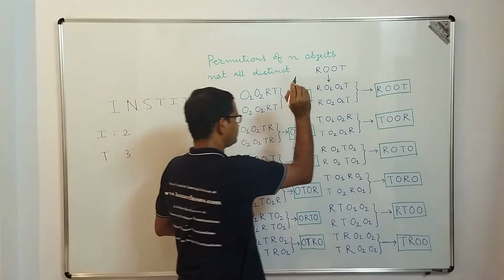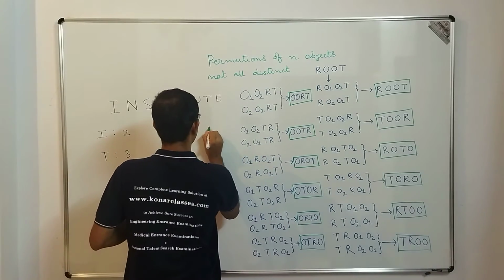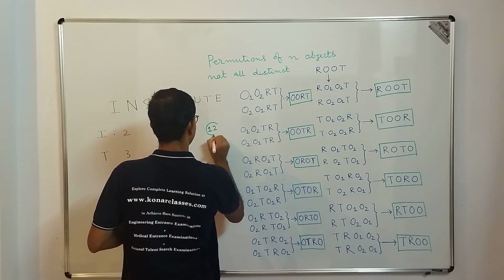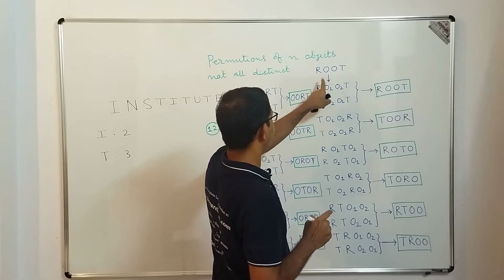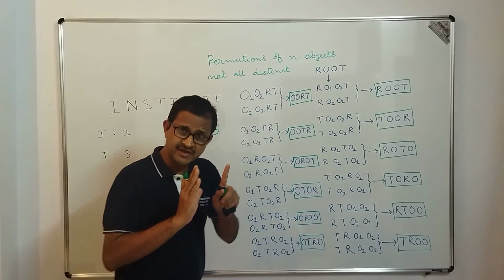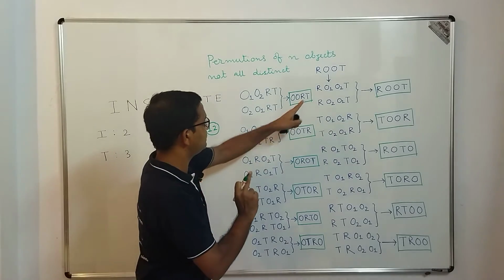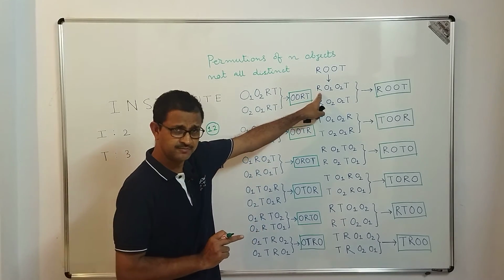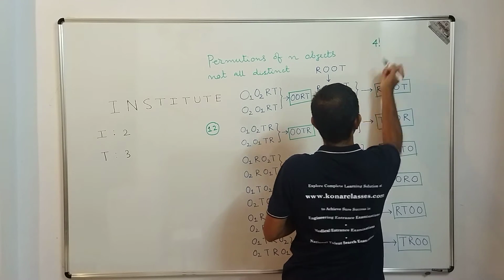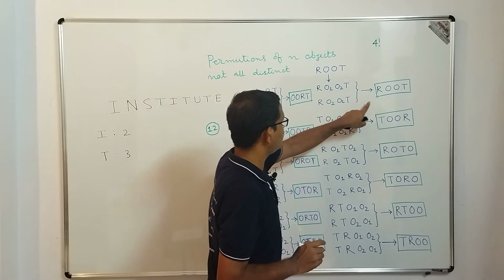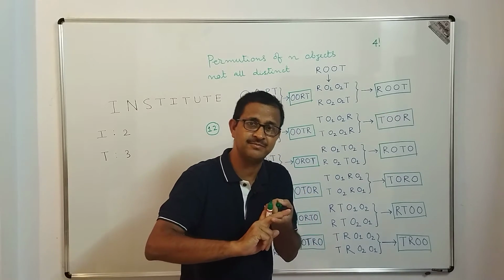Okay, now these are the 12 possible arrangements, right? Now if we take ROOT with O1 and O2 as different, then the number of arrangements is factorial 4. For each of these, factorial 2 arrangements are exactly the same.